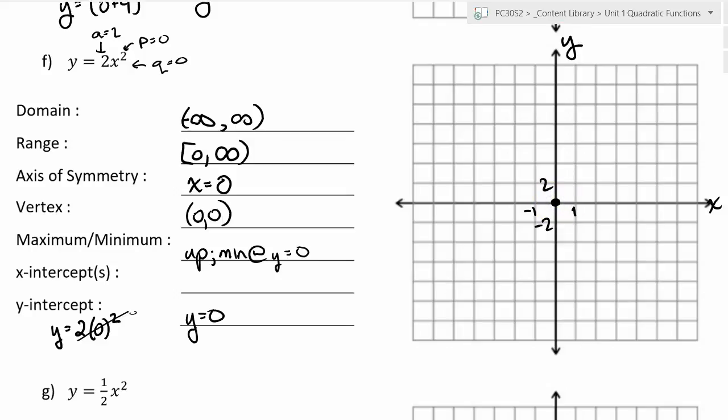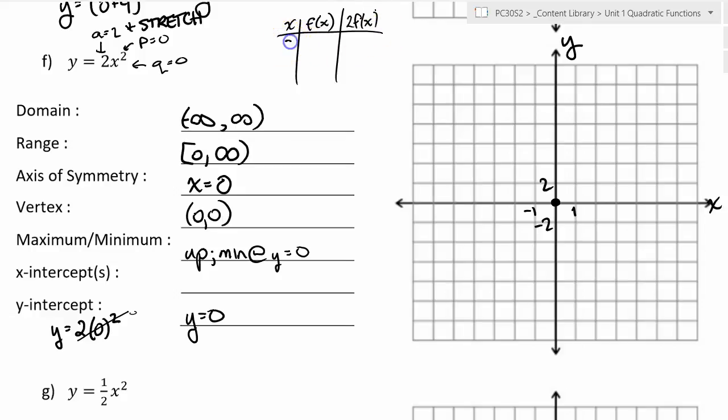Now, this time we do have a vertical stretch. How that impacts my graph is that originally, but then we've got 2f of x is happening in my new graph.